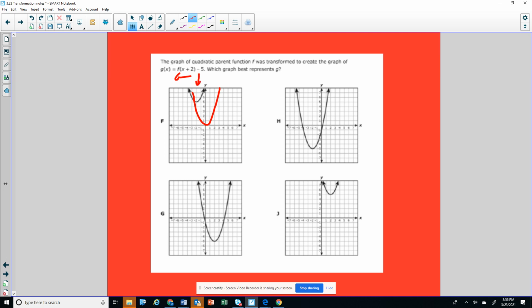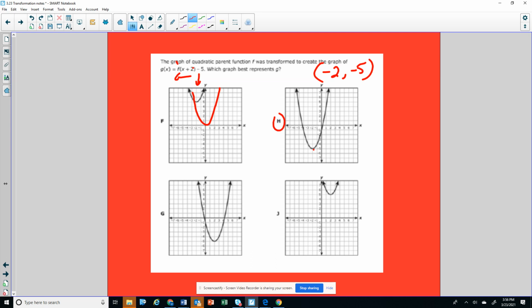So which graph is that? 2 units to the left and down 5. Well, the only answer is H. Or you can look at it this way: the vertex of the new function is (-2, -5). And of course, the function is positive, so it opens upward, and that's it right there.